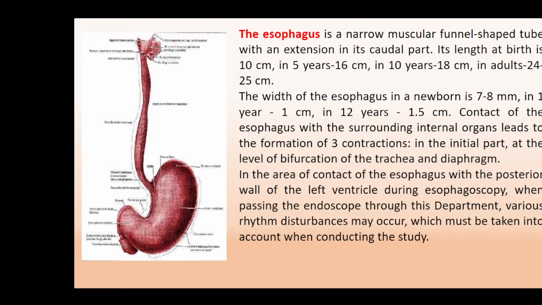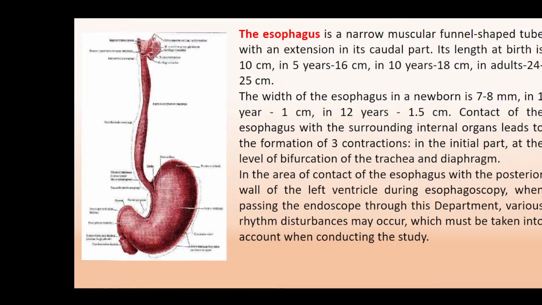In adults, on average, nearly 24-25 centimeters. The width of esophagus in newborn, diameter, nearly 7-8 millimeters. In 1 year old, 1 centimeter only, and just to 12 years old, 1.5 centimeters.